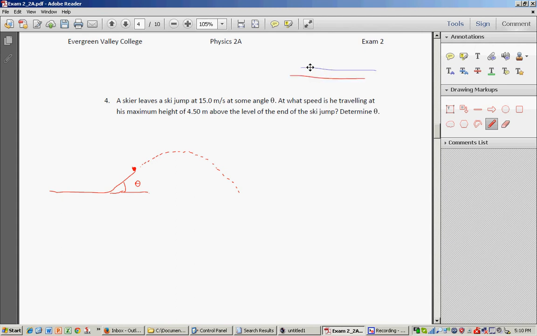But what is interesting is this curve, that's the ski jumper. When the guy leaves, that's the continuation of that. Let's say it leaves at this point. When it leaves, it starts curving.